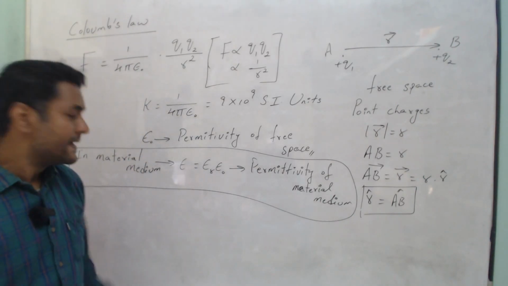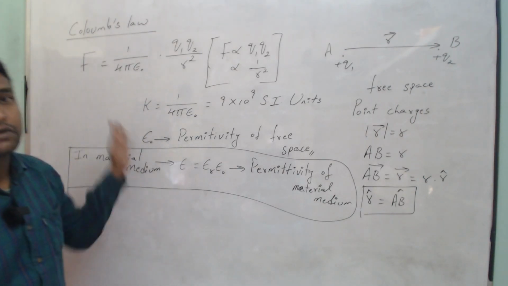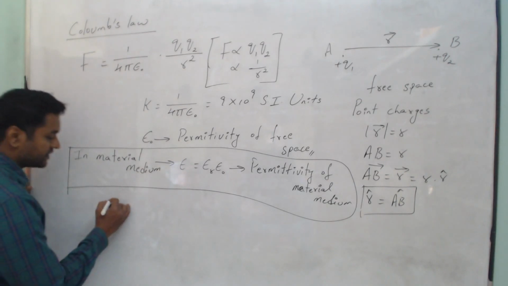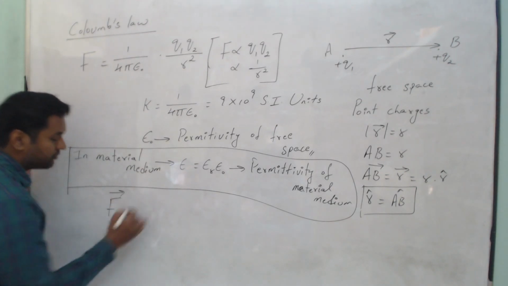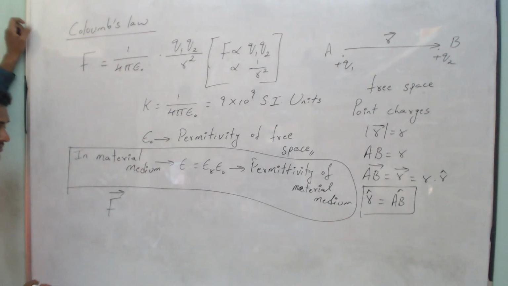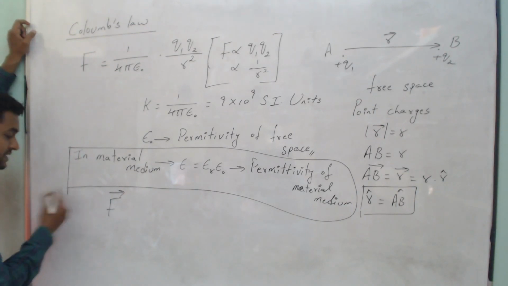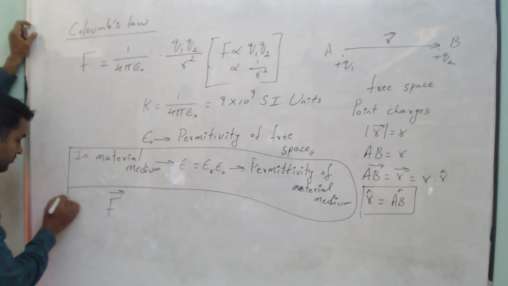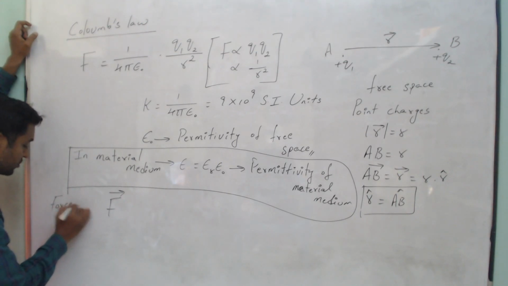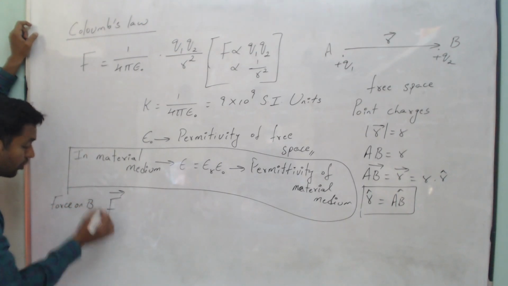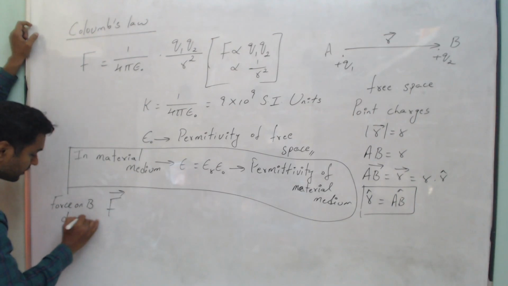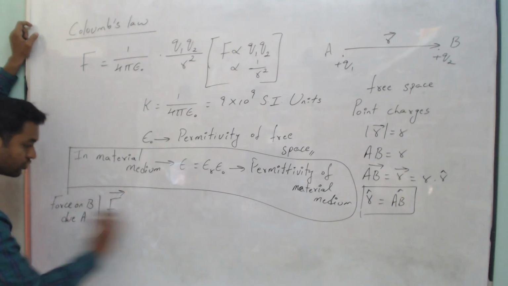Now, where is the problem that usually people face? When I am writing the vector form, I have to also make some sense of it, right? What I want to write is direction. So force on B due to A is what I'm writing here.